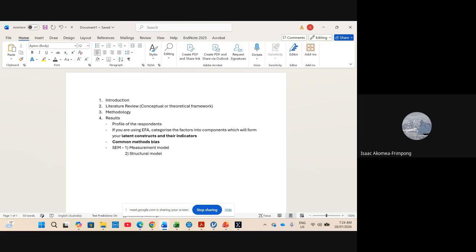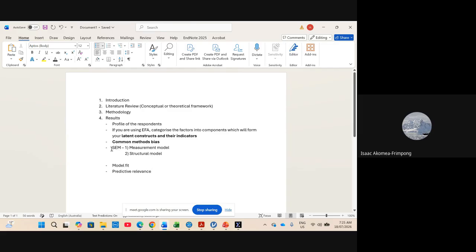And then we also check the model fit, so the last part will be checking what we call the model fit. Some people prefer to also check the predictive relevance. It all depends on you as to what you want. So take note of these things.